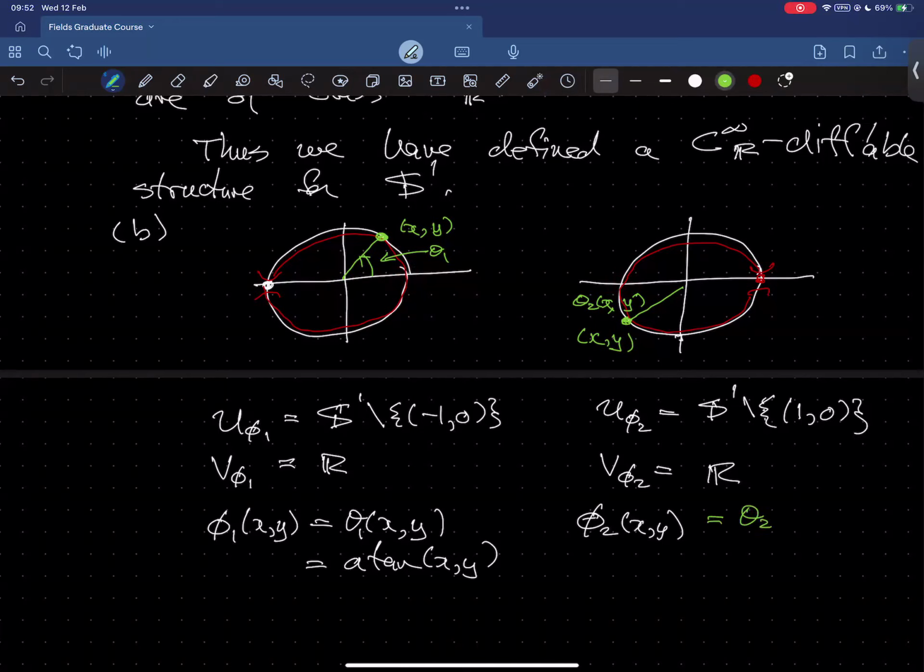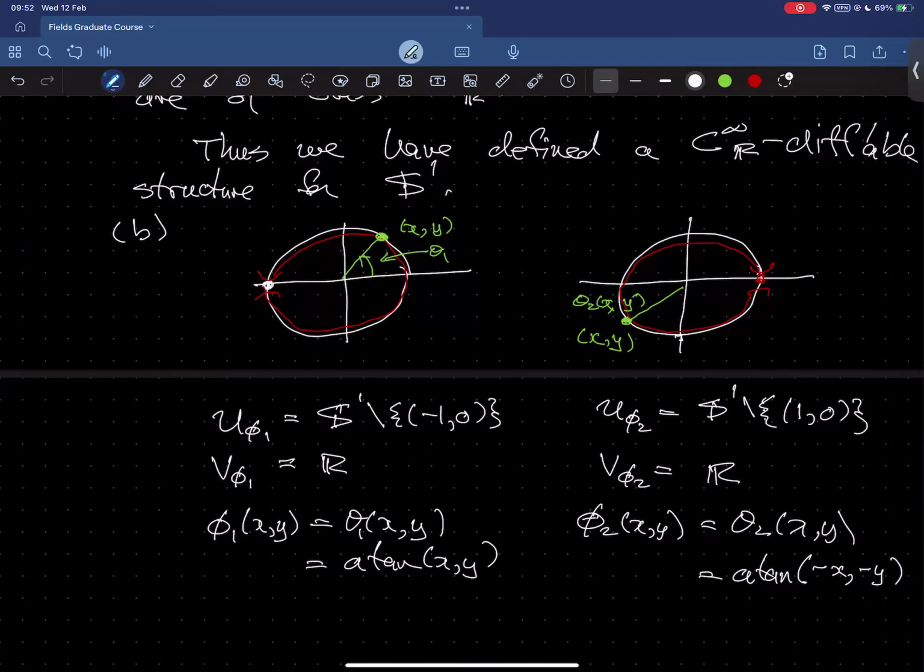Theta 2 of X and Y. And now let's express that explicitly using atan. And so that will be atan of minus X, minus Y, okay?